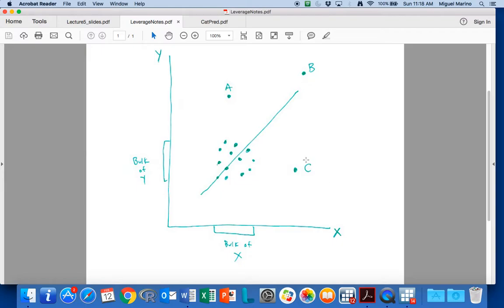Imagine that you have a data set with a y and an x, where the majority of the data points lie in a certain region, just here.